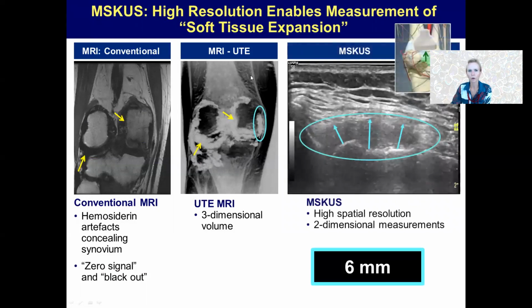Now going to the ultrasound, just putting our probe here into the lateral area and resolving this area with ultrasound, you can see that this hypoechogenic structure here is probably synovial proliferation. And the high spatial resolution of the ultrasound now allows to measure this very precisely. So it comes out as an average here of 6 millimeters.